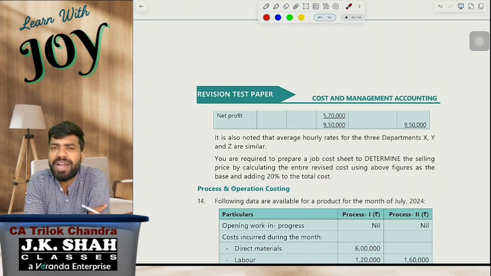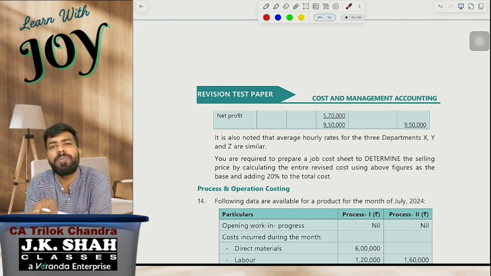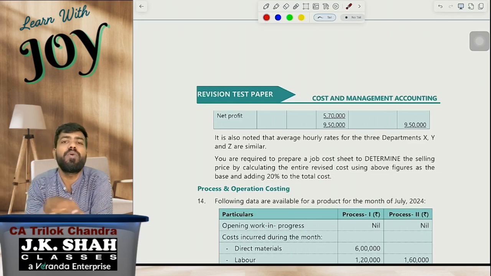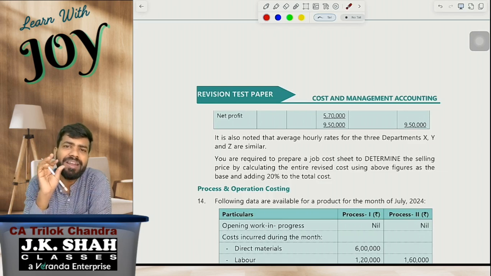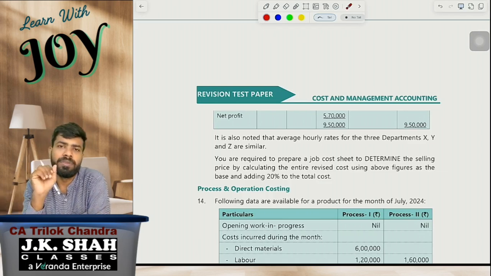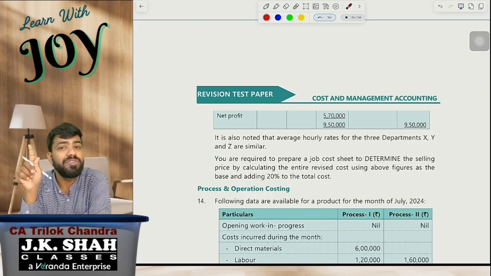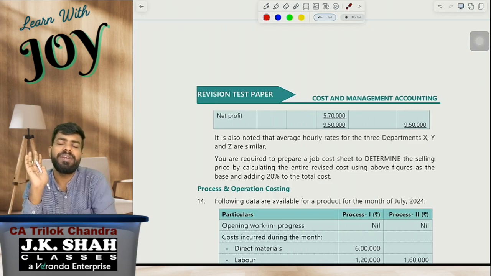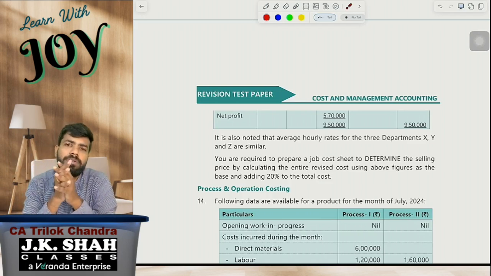First of all, we need to understand what is job cost sheet. See, normally cost sheet, what we'll prepare in the cost sheet chapter is for overall company. There are companies which will be following job costing system and unit costing system. The cost sheet what we prepare is based on unit costing system. There we take 10,000 units, 20,000 units. For 20,000 units, we prepare the cost sheet, which is based on the unit costing system.